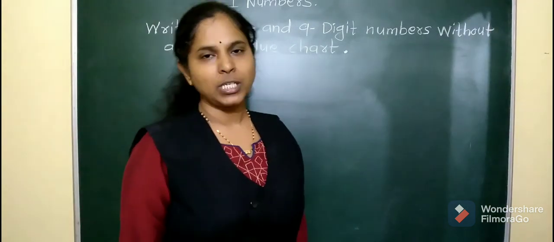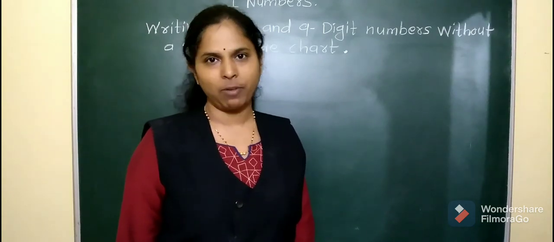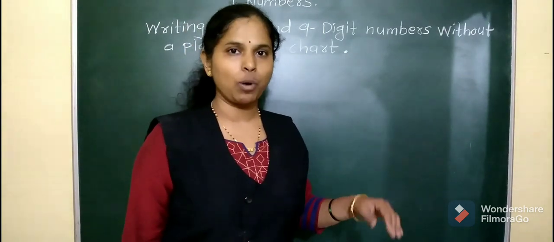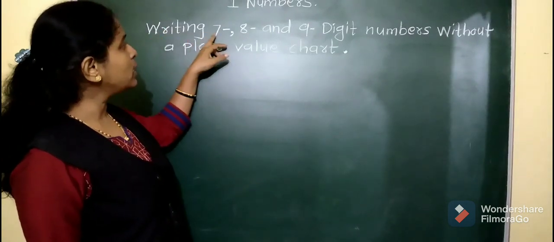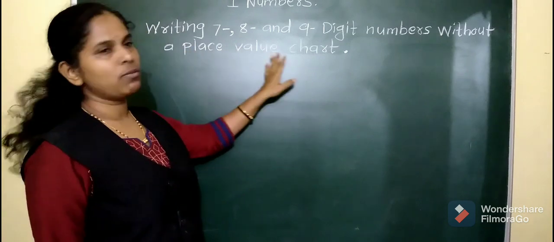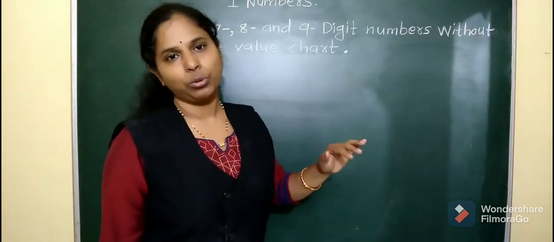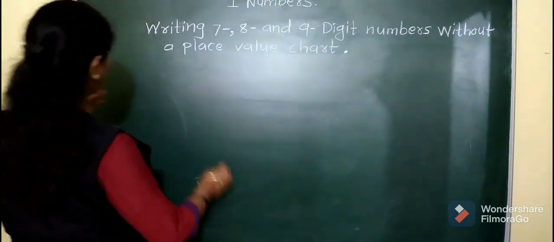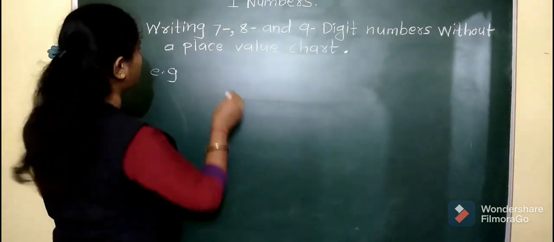Students, just now we learned how to write the numbers by using the place value chart. In the next topic, we are going to learn how to write 7, 8 and 9-digit numbers without a place value chart. Here, for example, one number is given.